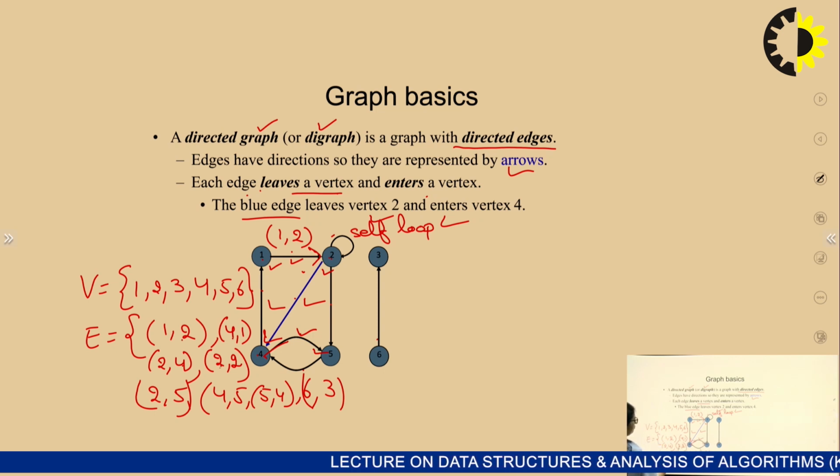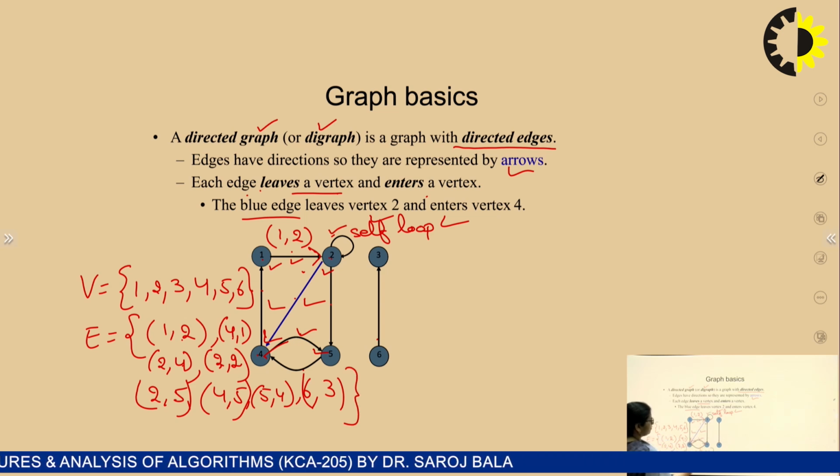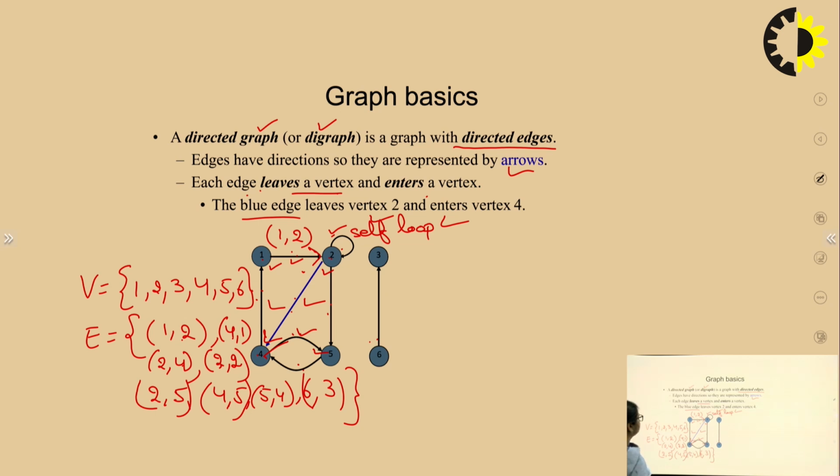The self loop is also there. So 7 edges, including the double edges. These are our edges that we are representing with ordered pairs.